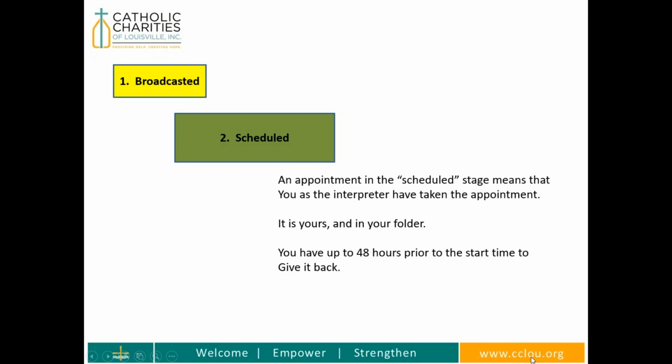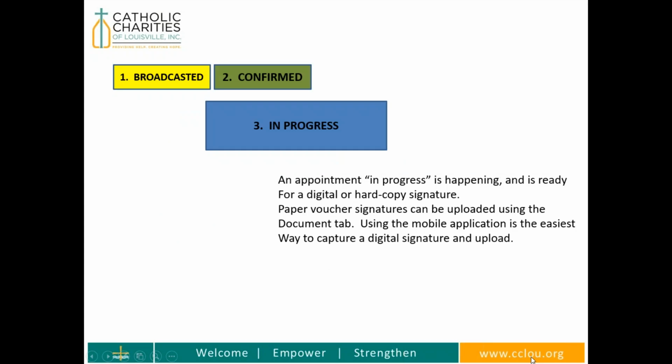So the next stage of the appointment is going to be in progress. You don't have to do anything to start an appointment. Just like now, when you go into an appointment, if you're using a paper voucher, you don't have to do anything to start an appointment. You just go in there and get started. You let the receptionist know that you're there, and you get going.